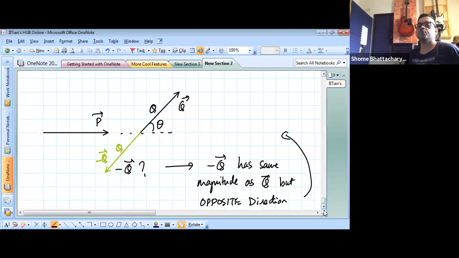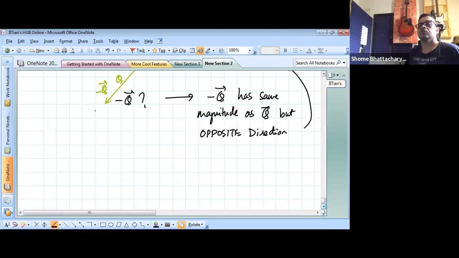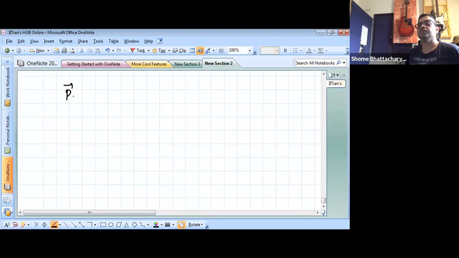So now I want to do what operation? I want to do P's resultant with minus Q, that is equal to S. So let us draw the triangle for this operation.